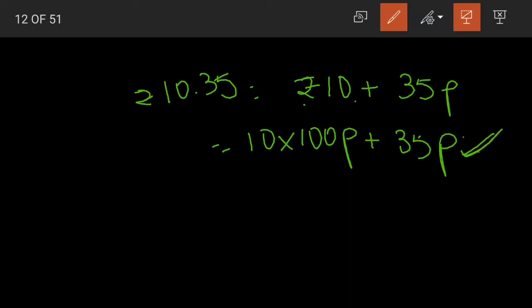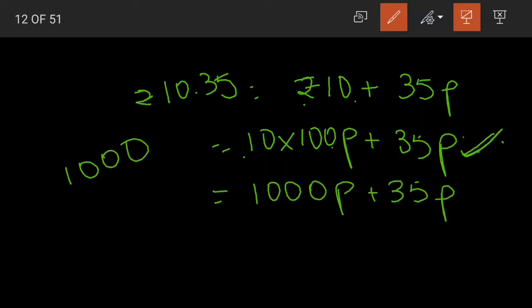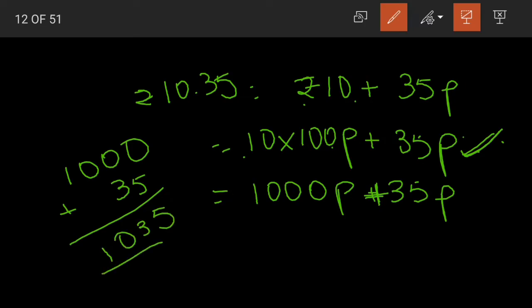Now it's already in paise, so we'll leave it as it is. 10 into 100, 1000 paise plus our 35 paise. We need to add these two together. Yes, we are having the addition symbol, so we need to add. 1035. It is nothing but 1035 paise.